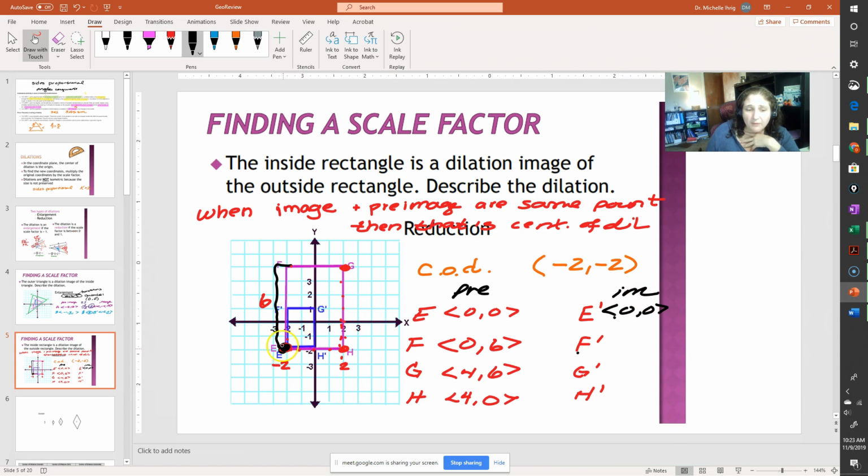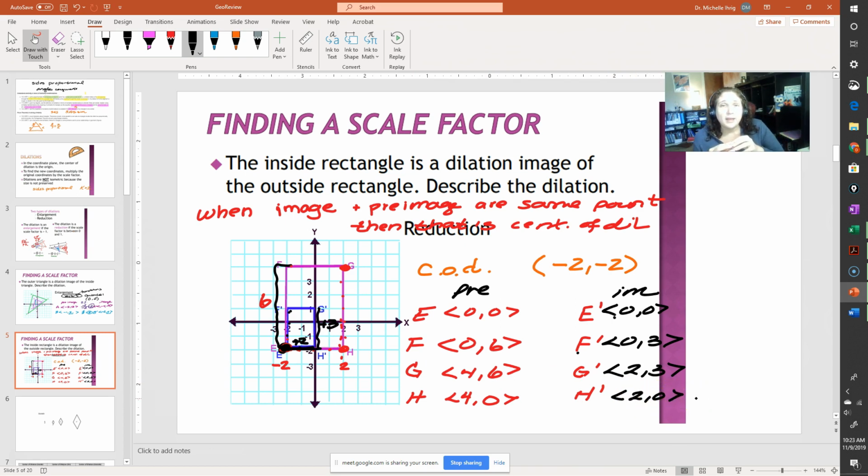For me to get from E to F, I need to go over 0 and up 3, 1, 2, 3. For me to get to G prime, I'm going left or right 2 and up 1, 2, 3. So I'm going to write 2, 3 as my vector. And then to get to H prime, all I need to do is go over 2 and not do anything else.